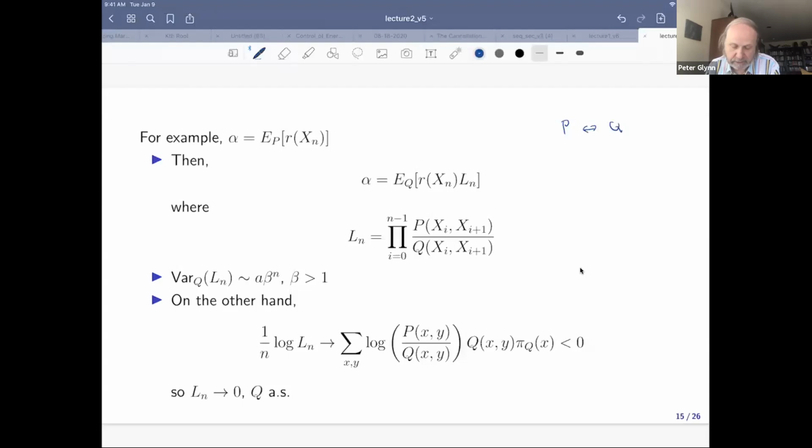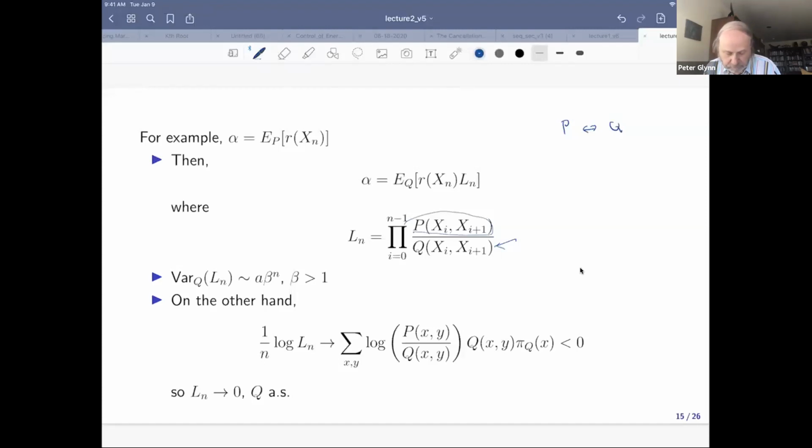And when you do that, you get a likelihood ratio that is just the product of the P transition probabilities for a given path divided by the product of the Q transition probabilities for the same path. So the product of the numerator probabilities is just the likelihood of that path associated with the P distribution, and similarly the product of the Q probabilities in the denominator is just the relative likelihood of that sample path under the Q dynamics.